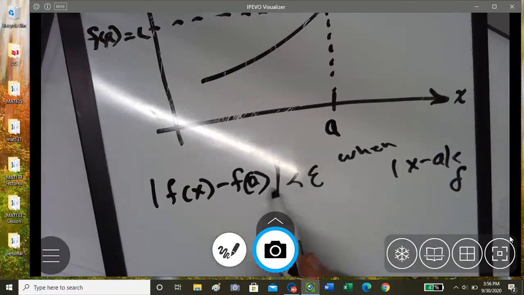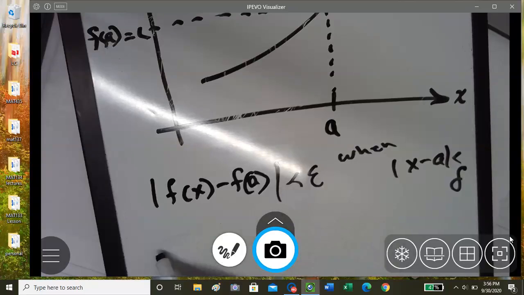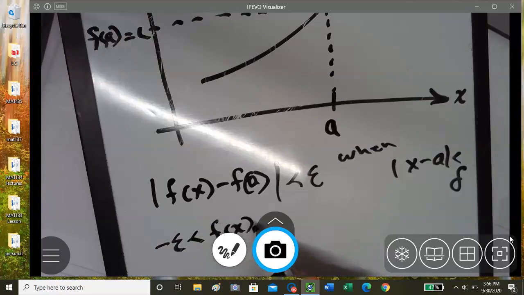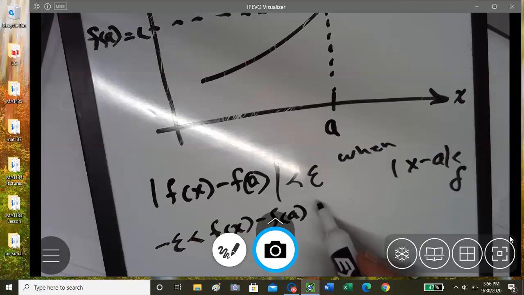If we took the absolute values off, we have negative epsilon less than f(x) minus f(a), which is less than positive epsilon.